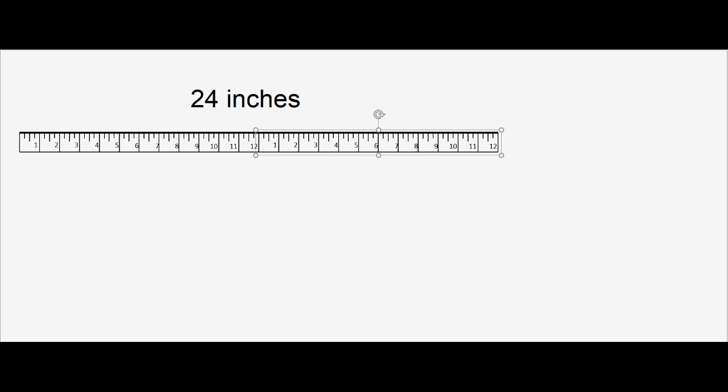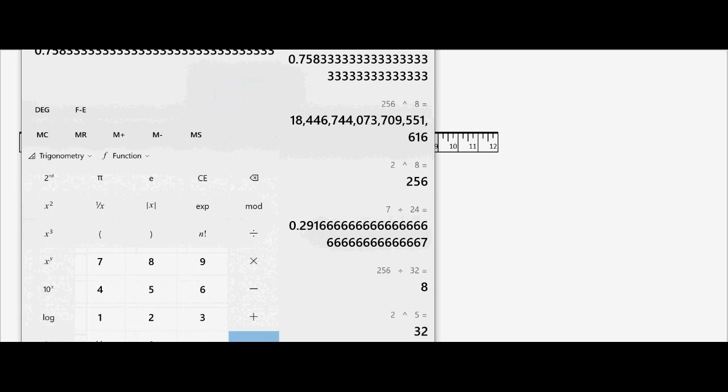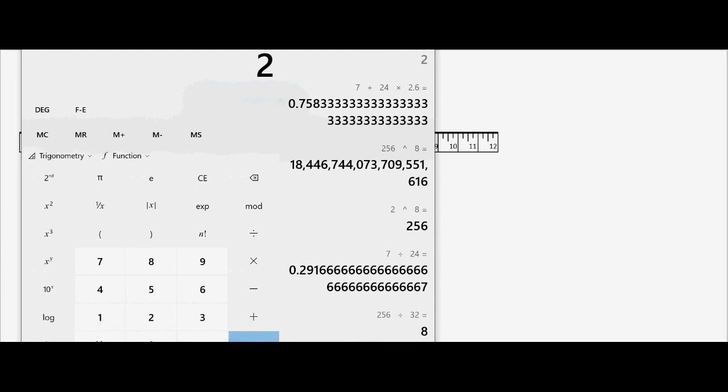The point is, when you answer that question, how many 12s are there in 24, you're actually taking 24 divided by 12. You can answer it using addition, subtraction, or multiplication, if that makes more sense to you, but what you're actually doing is dividing 24 by 12.